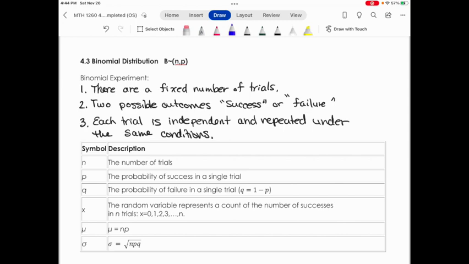Okay, now up here is our notation for the binomial distribution. The B stands for binomial, and then you have the little tilde, which is the little squiggly line, and then in parentheses you would have your value of n, which is your number of trials, and your value of p, which is your probability of success for each individual trial.